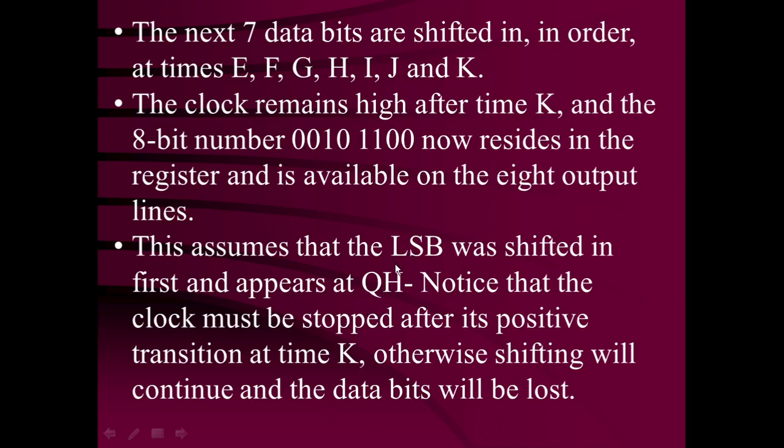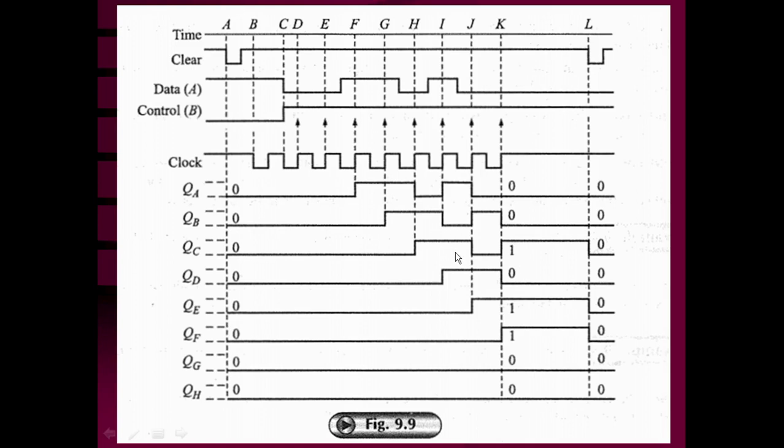So if you want to see this, you can see this from LSB to MSB, 00110100. This data we can see here. You can see that after time K, the data is going to be latched, the LSB is going to be 0, the next 0, then 1, 1, then 0, then 1, then 0, and the MSB, the last bit which was entered, appears at the output of QA, and the LSB appears at the output of QH.